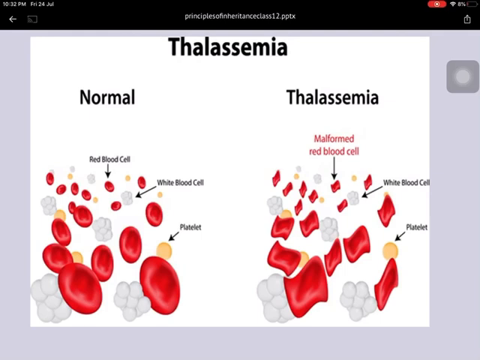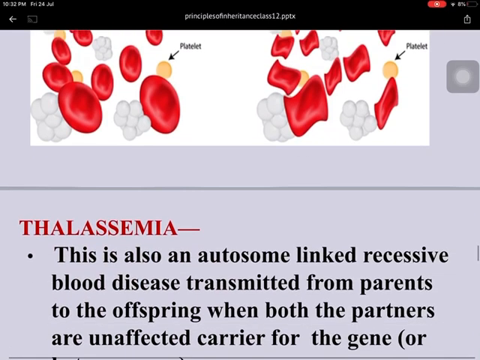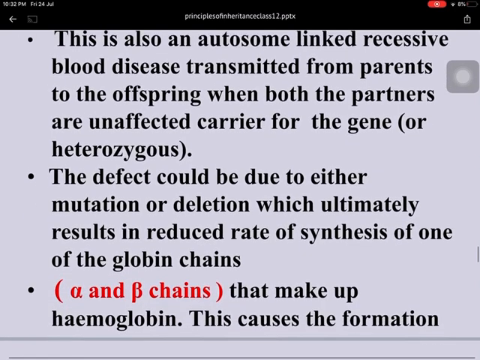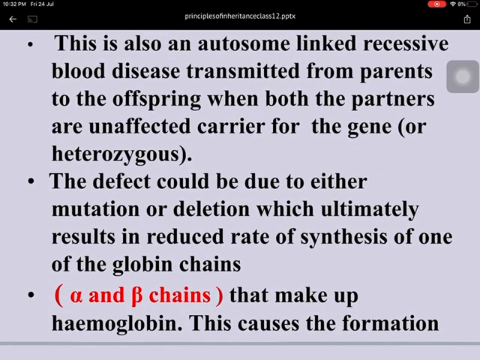So the defect could be due to either mutation, again remember that, or deletion, which ultimately results in a reduced rate of synthesis of one of the globin chains. Remember that hemoglobin is made up of heme plus globin. Heme is iron, globin is protein.